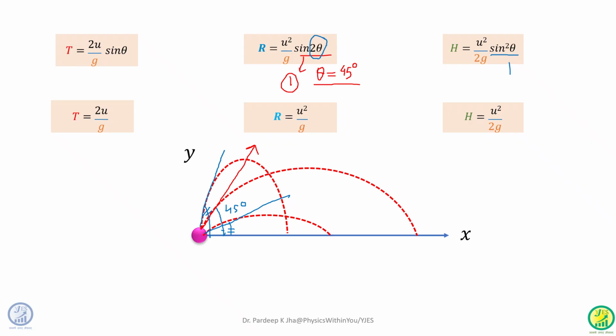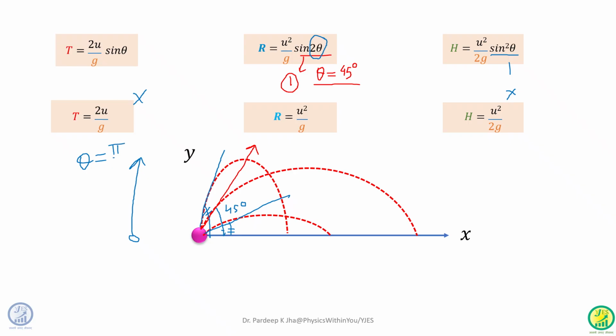So this is the case when you allow it to fall in the vertical. So that was not the case of projectile. We did not talk about this much, because these two cases are not the case of projectile. What does theta mean here?